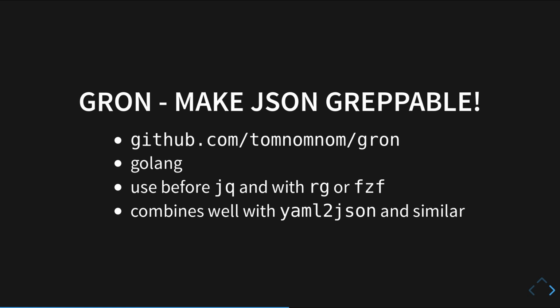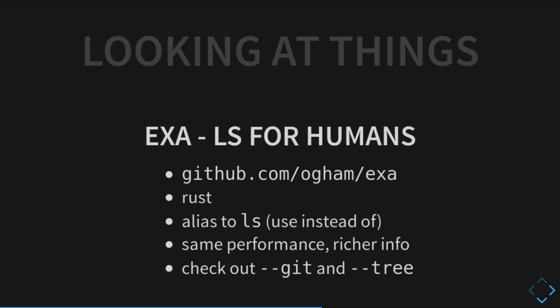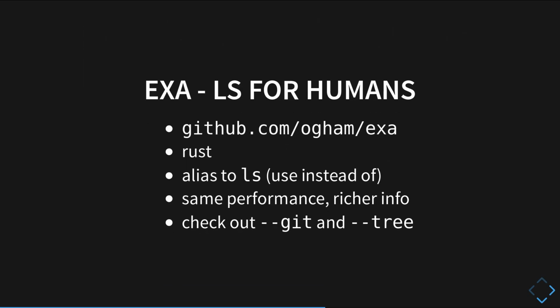Okay. Next category. Looking at things, right? So we can move around, we can find stuff, but viewing things is still an important part of the shell experience. How do you understand the files and folders that exist on your system? The first way, I think a lot of us use ls.